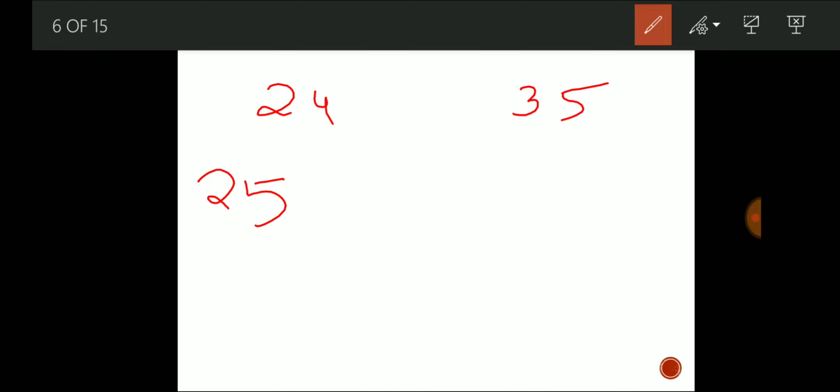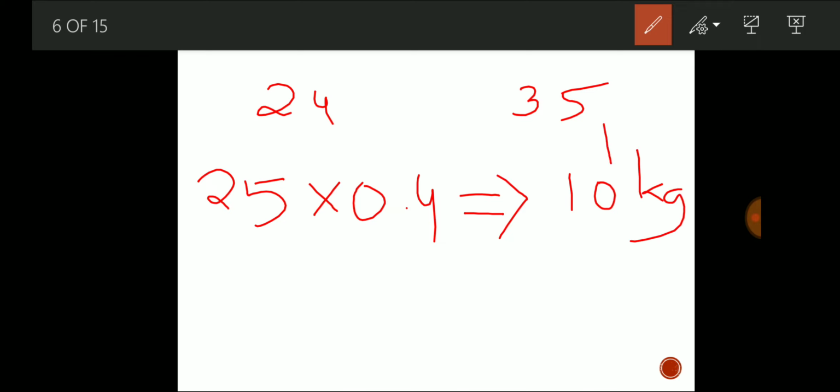All people are getting 0.4 extra, which means that 25 people are also getting 0.4 extra, which means that person is bringing 25 into 0.4 extra, which is nothing but 10 kg extra along with the actual 35 kgs, which was present for all 24 people.